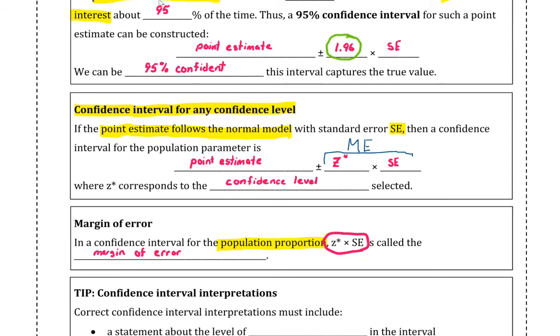And if we're trying to construct a confidence interval for the proportion, then your point estimate is going to be p hat. We would add the margin of error to find the upper boundary of your confidence interval.